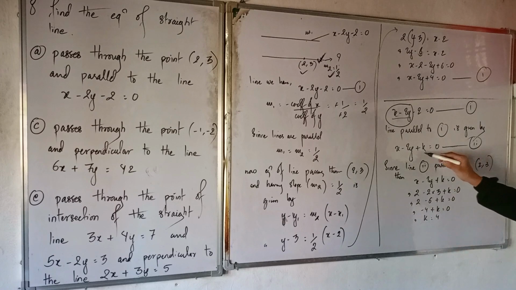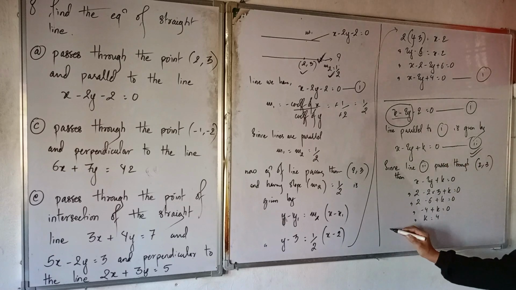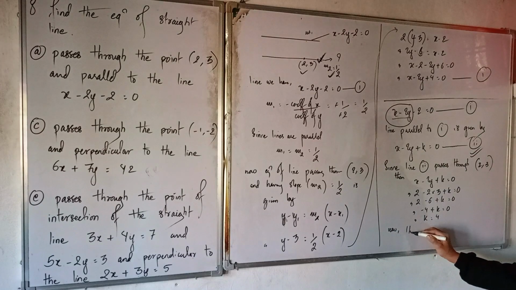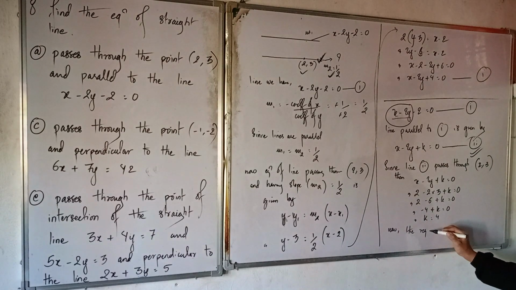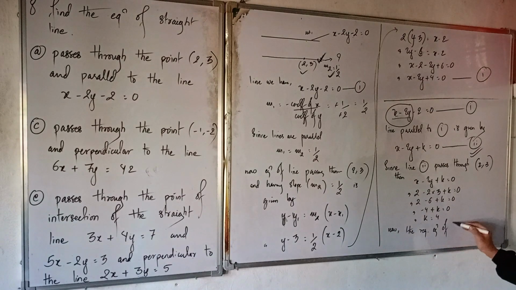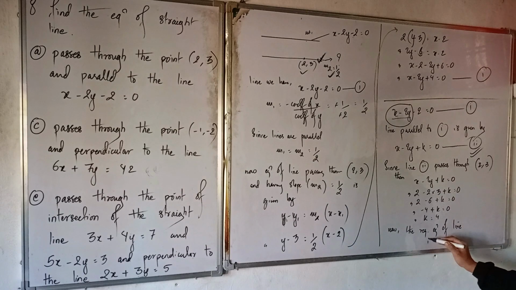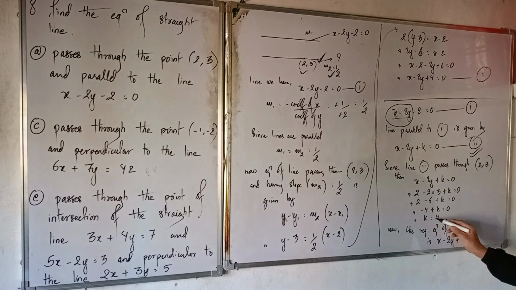Now substitute the value of k in equation 2. The required equation of the line becomes x minus 2y plus 4 equals 0.